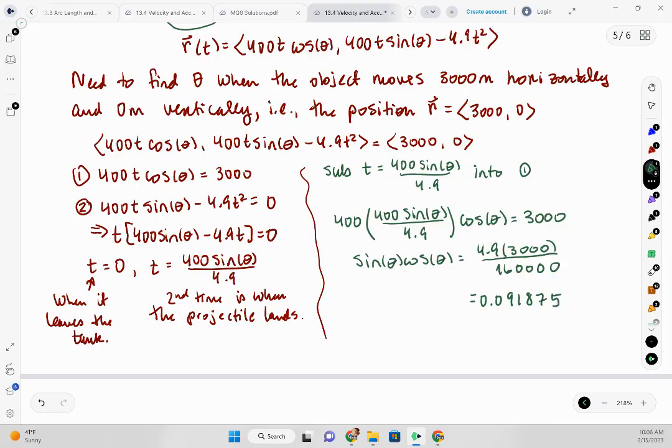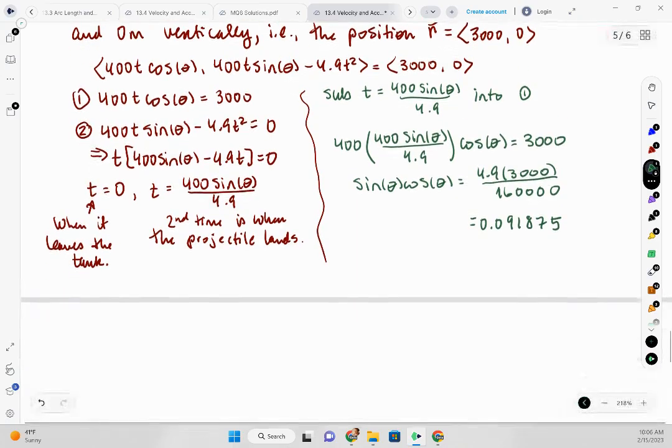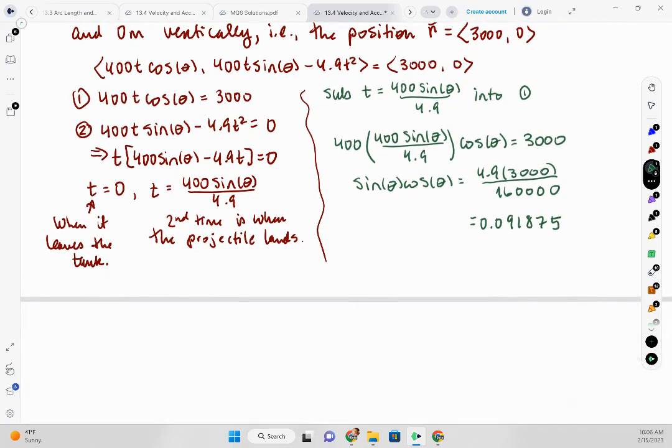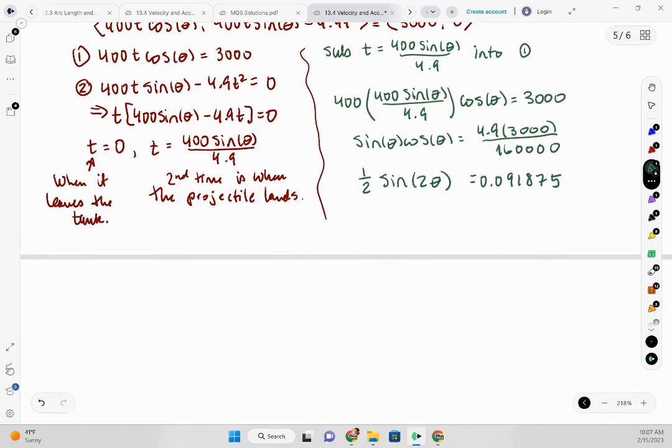0.091875. Now on the left-hand side, unfortunately, I have sine and cosine, and I can't use any sort of zero product property when I have two things on the left and a number on the right. So I need to use a trig identity. Sine theta cosine theta is equal to 1/2 sine of 2 theta. So I can use that in order to solve for theta now.